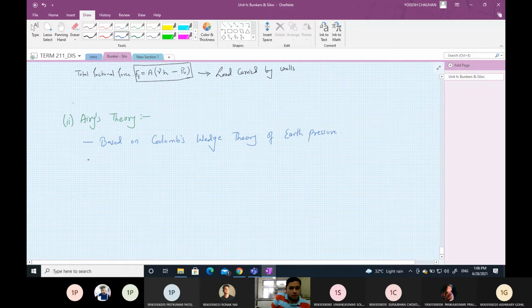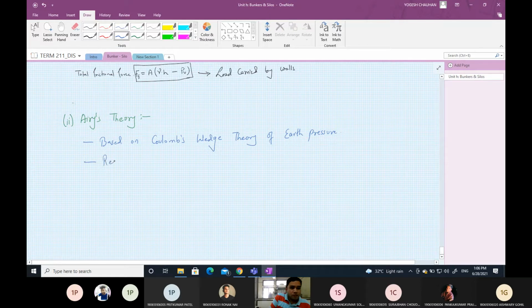Okay, the results of this theory are fairly matching with the experimental results, though the basis of this theory differs from that of Jensen's theory.